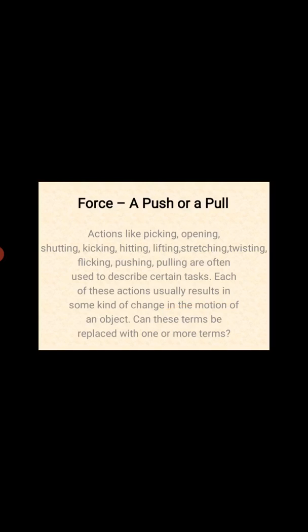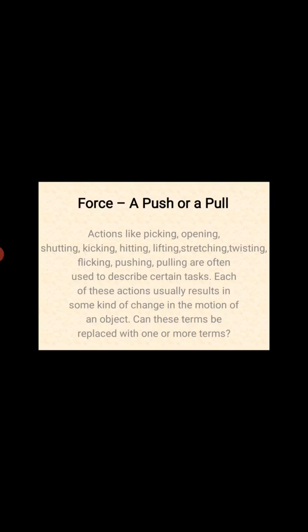Actions like picking, opening, shutting, kicking, hitting, lifting, stretching, twisting, flicking, pushing, pulling are often used to describe certain tasks. Each of these actions usually results in some kind of change in the motion of an object.